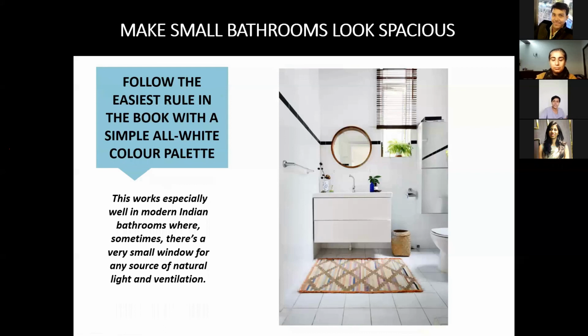Next slide. Follow the easiest rule in the book with a simple all-white color palette. This works especially well in modern Indian bathrooms, where sometimes there's a very small window for any source of natural light and ventilation. So keeping the bathroom all white gives it a more spacious look. Next one.